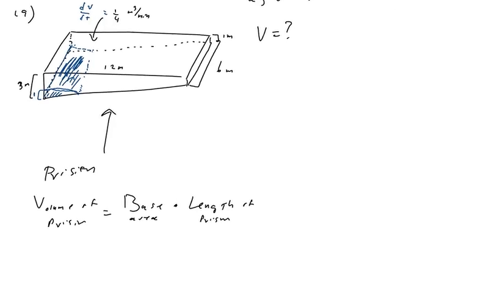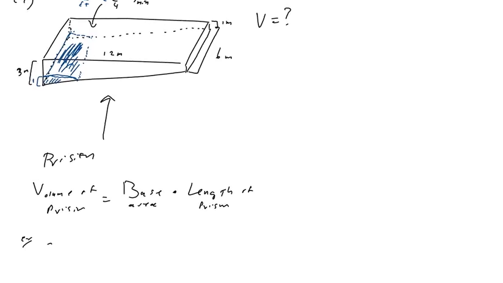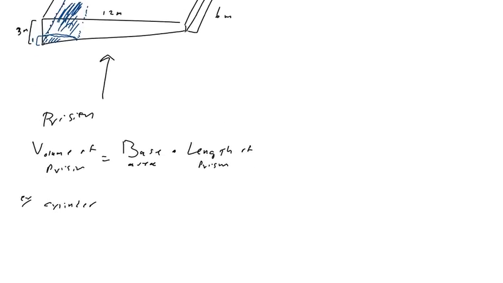This is the general formula for any kind of prism shape, and it's true for lots of shapes. For example, a cylinder. So how do you spell cylinder? Cylinder. A cylinder is a kind of prism.